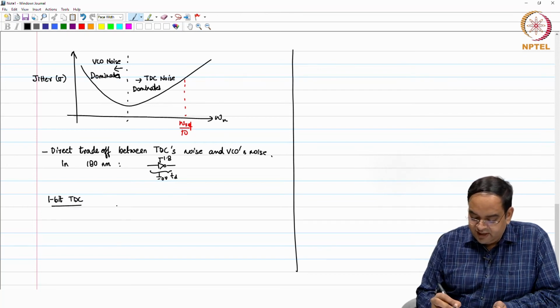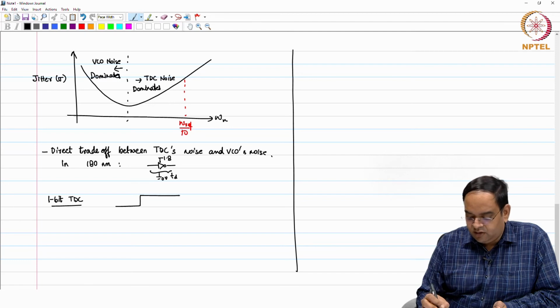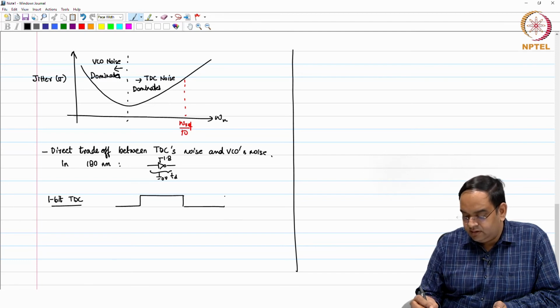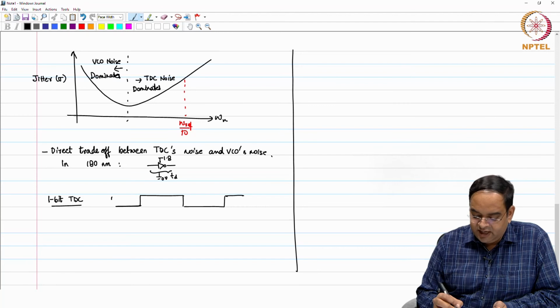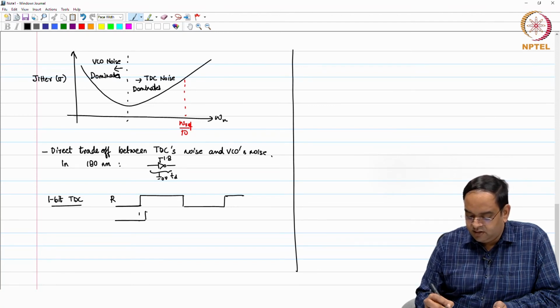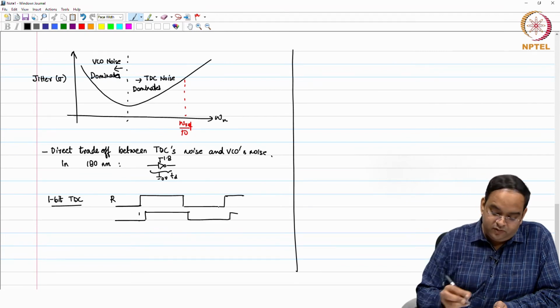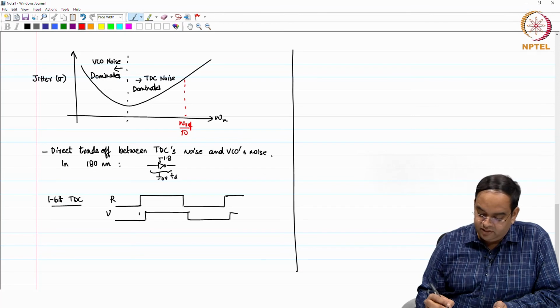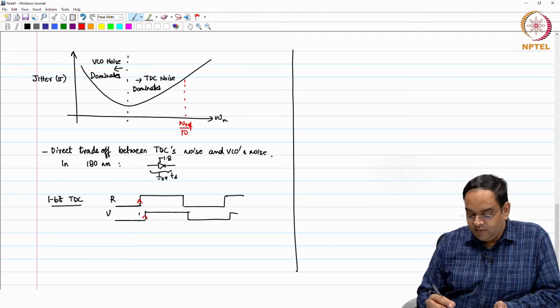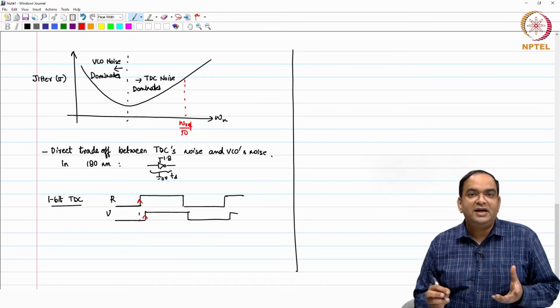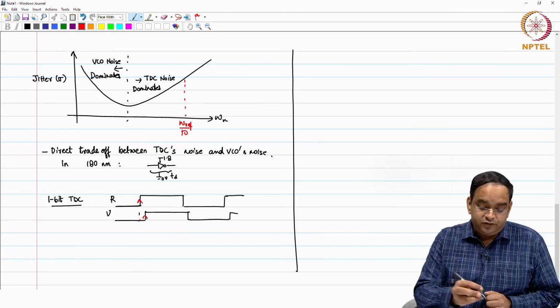A 1 bit TDC is like I am having a clock like this. This is my R, and I have my V signal, something like this. I just need to tell whether my V signal is after R or before R, among the R and V signals.